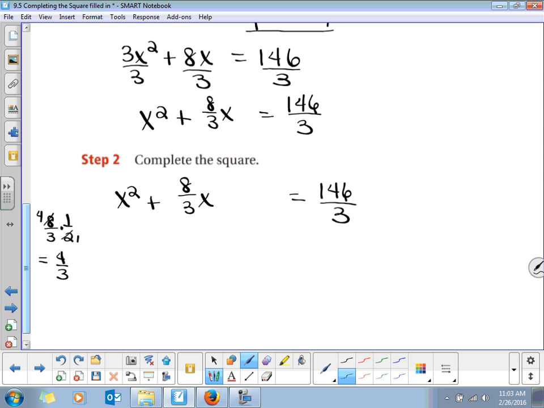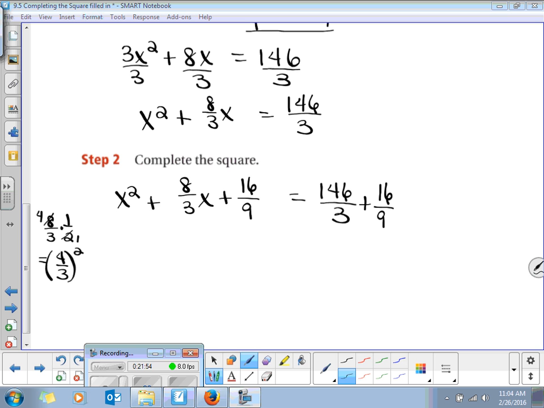And now that gets squared. So we are going to add 16/9 on this side. If I add 16/9 on this side, I have to add 16/9 on the other side.